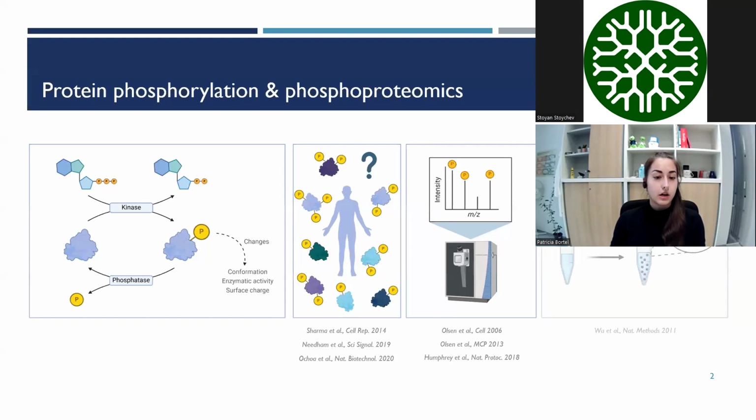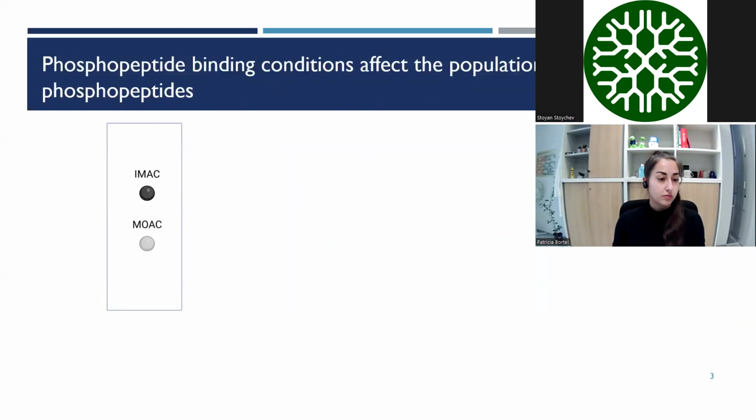However, due to the low abundance and relatively low stoichiometric nature of phosphopeptides, there is still a need to enrich for these species for a deep phosphoproteome before the LC-MS analysis. And the most popular materials that are being used during phosphopeptide enrichment are the IMAC and the MOAC materials.